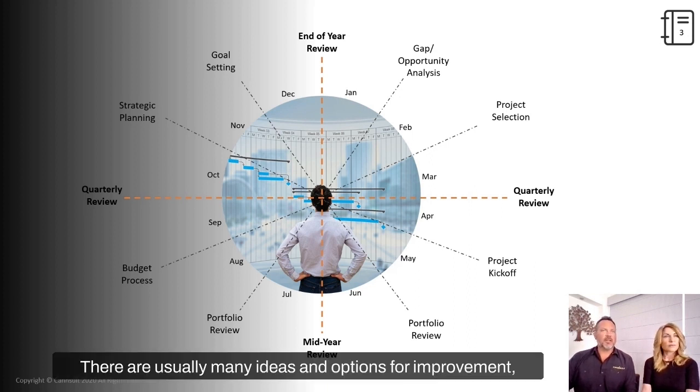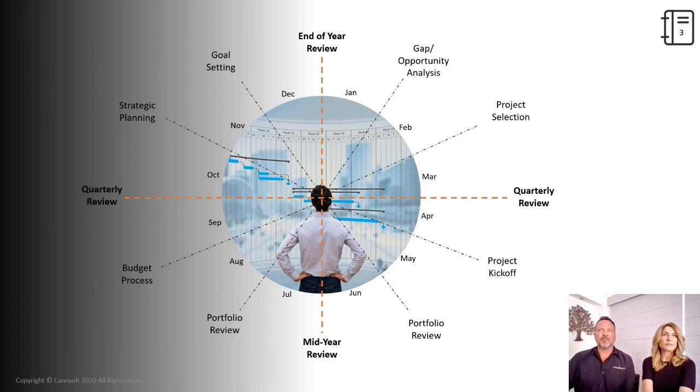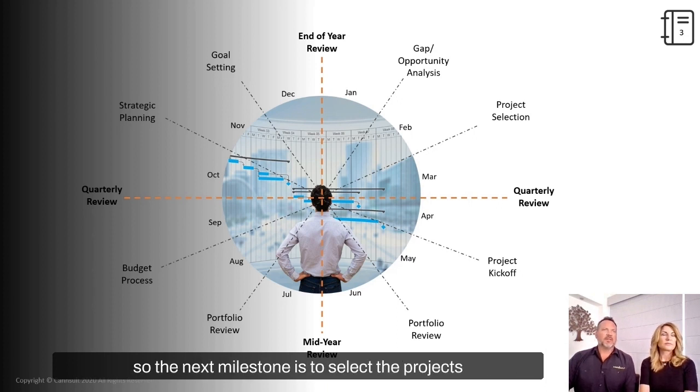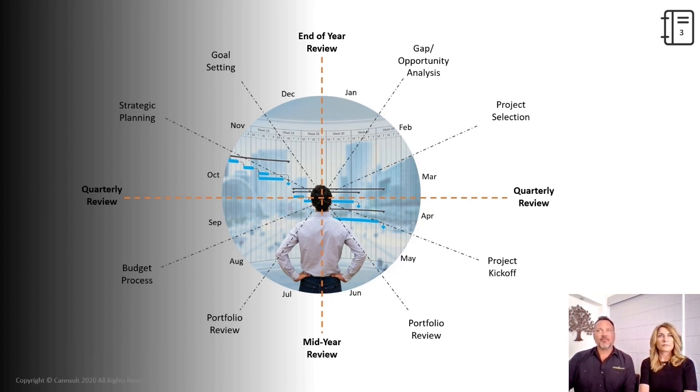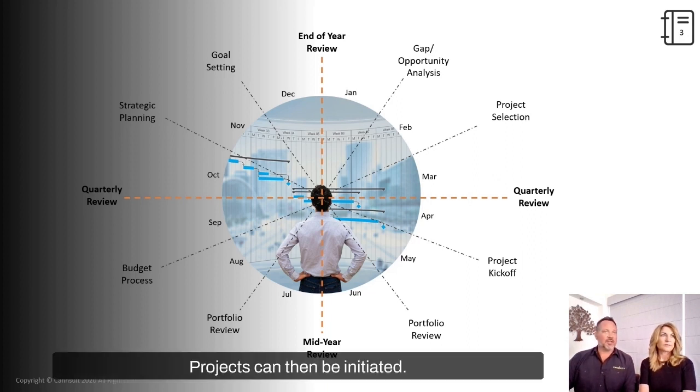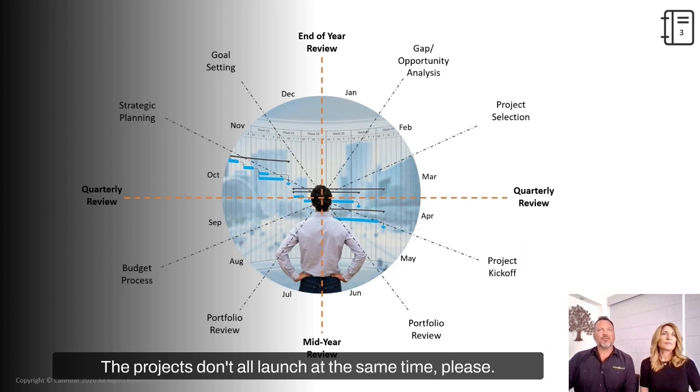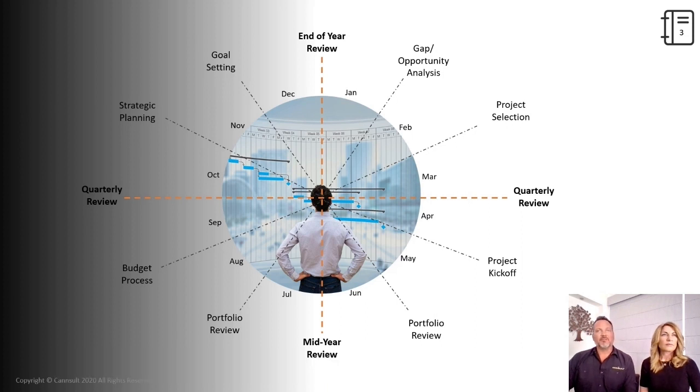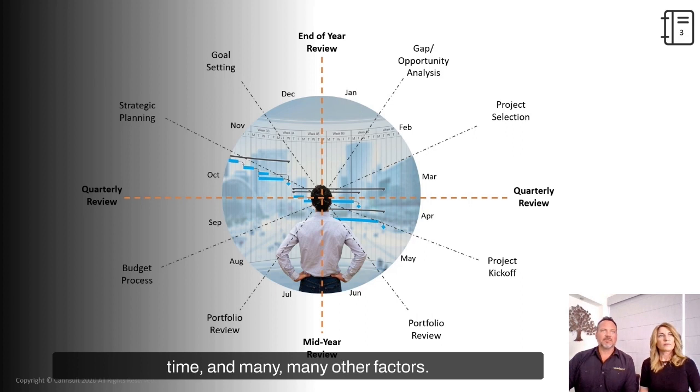There are usually many ideas and options for improvement, so the next milestone is to select the projects that will be executed in the next year. Projects can then be initiated. The projects don't all launch at the same time. It will depend on urgency, team availability, other efforts going on at the same time, and many other factors.